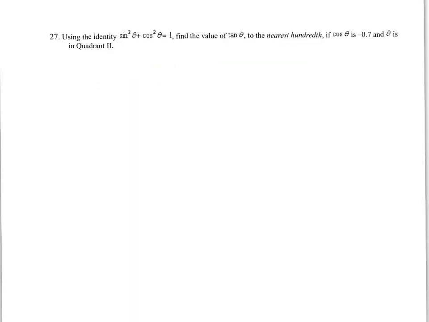Now we have to be very careful with this question because it says that we have to use that Pythagorean identity. Otherwise, we could do this different ways, but it gave us that identity, so we're going to have to stick to it. All right, well, I do know that the cosine is negative 0.7, so I'm going to replace cosine with negative 0.7, but notice that that cosine value is squared, and then I'm going to set that equal to 1.